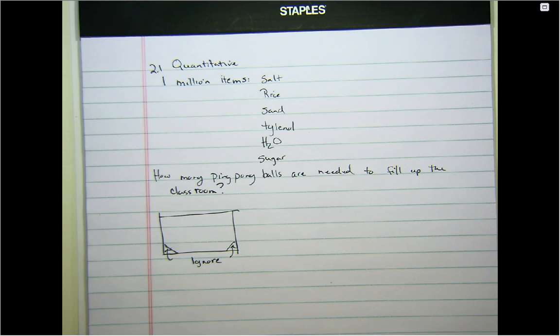Maybe just either a diamond, just the rectangle. So we measure this long, this long, and then we count a chair.